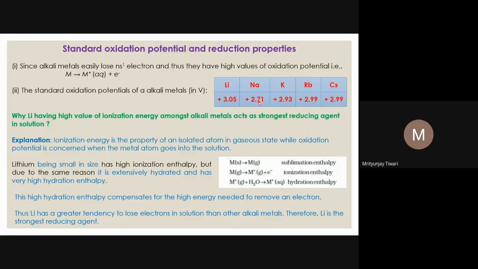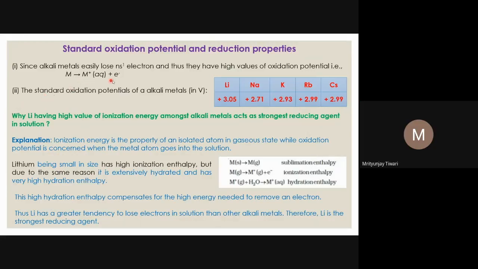The standard oxidation potential is plus 3.05 for lithium, and for sodium it is plus 2.71, so it decreases from here to here, then it slowly increases. So the decrease is here, though this is a maximum for lithium because it is the smallest cation, and so it increases further down the group.